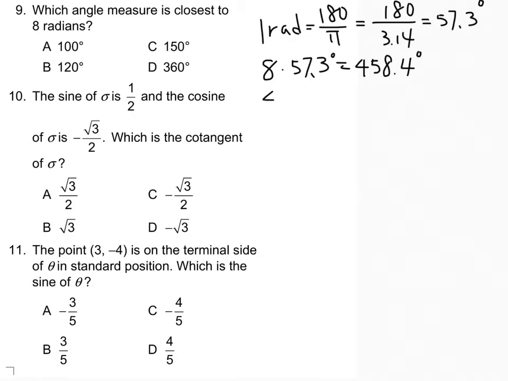So we have to take 458.4 degrees. It's more than 1 revolution, and 1 revolution is just 360 degrees. So that gives us 98.4 degrees. So which number is closest? So A is going to be my answer, 8 radians.